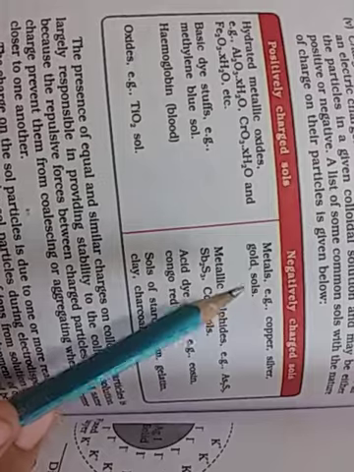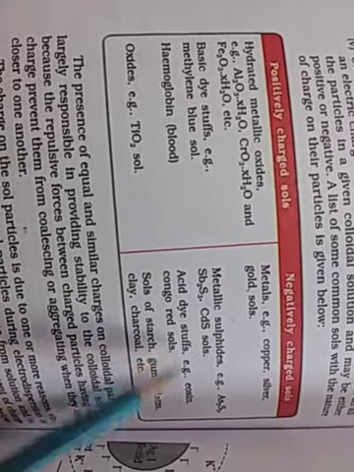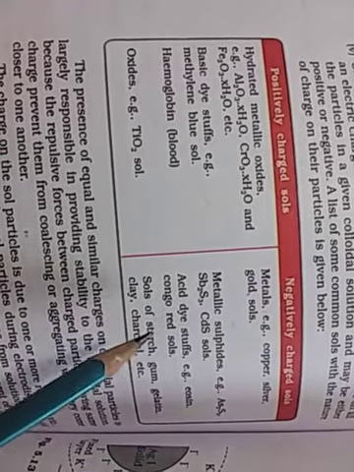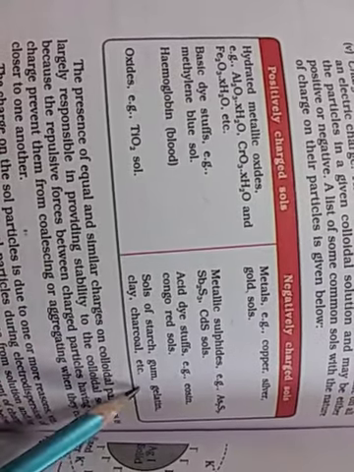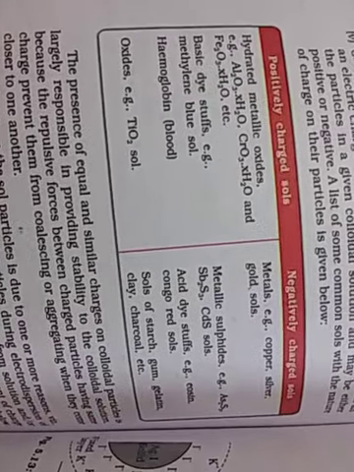Negatively charged sols are metallic sulfides, acid dyestuffs like eosin and Congo red, and sols of starch, gum, gelatin, clay, and charcoal.